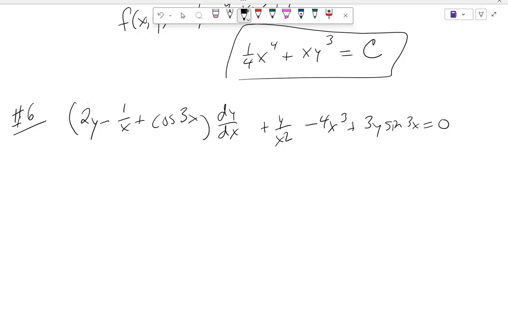It's a long thing. We don't have a lot of tools yet to solve the equations that we come up with.